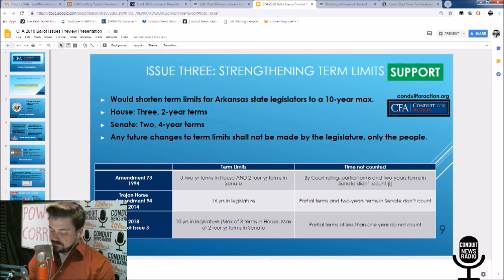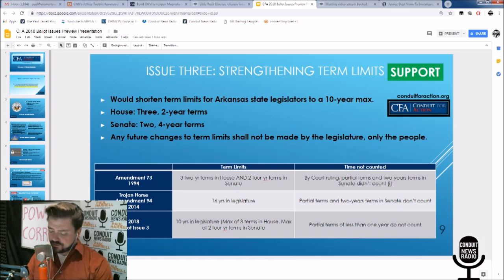A little bit of background here. Amendment 73 of 1994 was 3 2-year terms in the House and 2 4-year terms in the Senate. Then you have the Trojan Horse Amendment 94 of 2014, 10 years later. Convicted felon John Woods and the rest of the legislature duped the people. Now, not all of them, but you know what I'm saying, collectively.